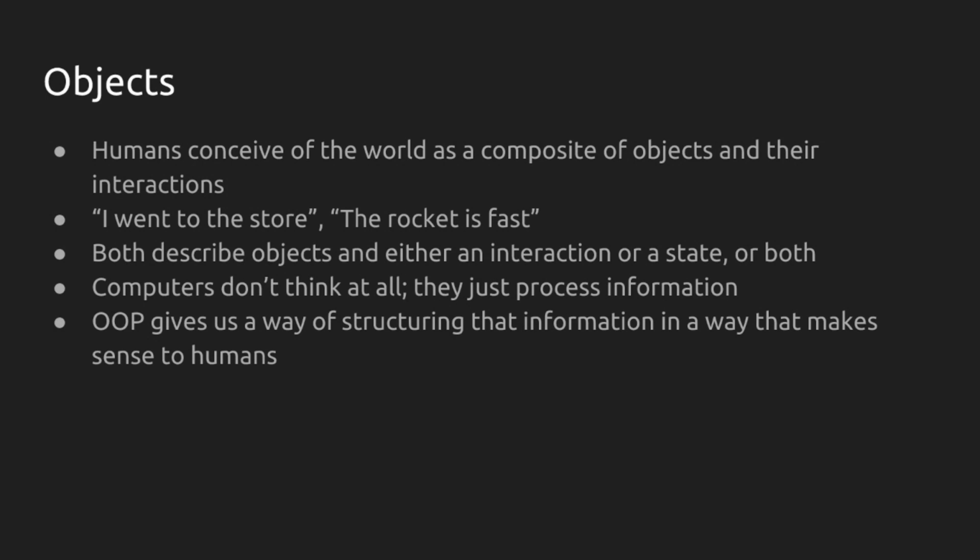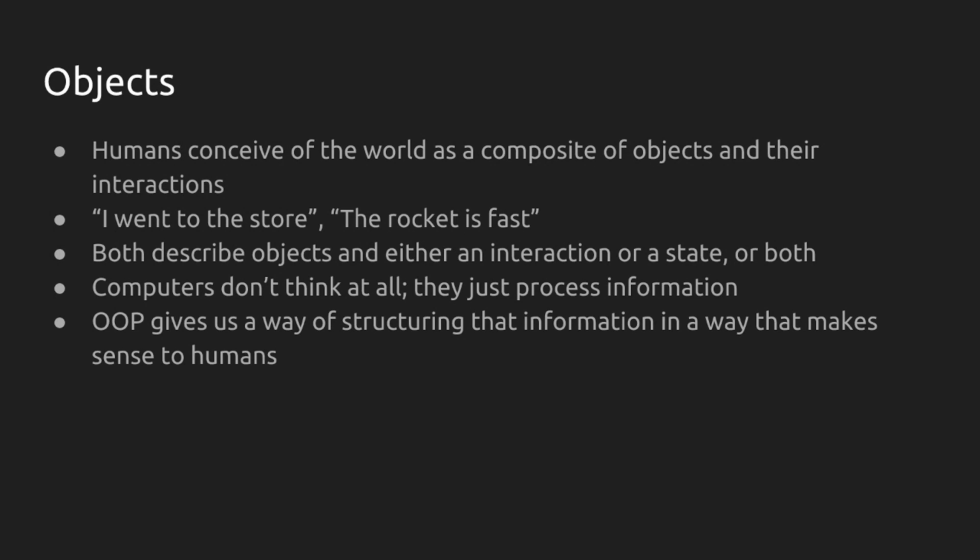Now, computers don't think, they just process information. And it's important that we always remember that they're not doing any independent cogitation, right? They're just processing the information that we provide. But with object-oriented programming, we have a way of structuring that information that makes sense to humans.